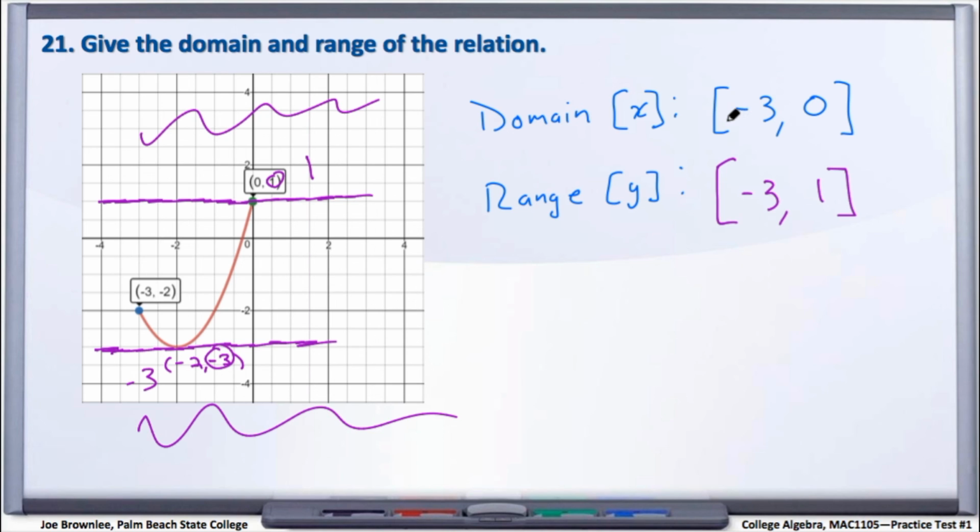This is interval notation. So this is saying the domain of this function, the x's, go from -3 to 0, and the y's go from -3 up to +1. And so there we have the domain and range for number 21.